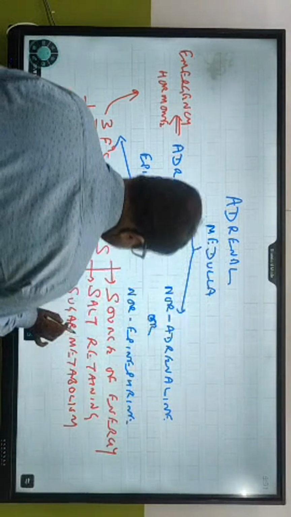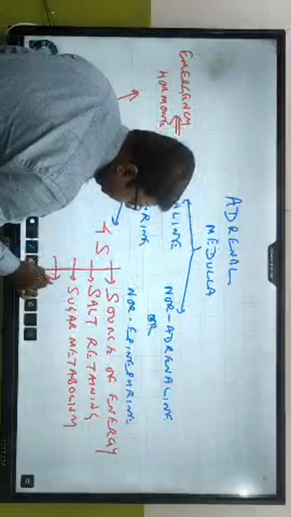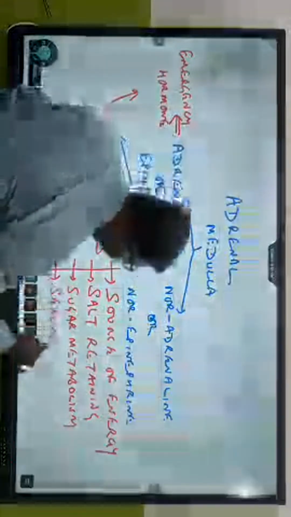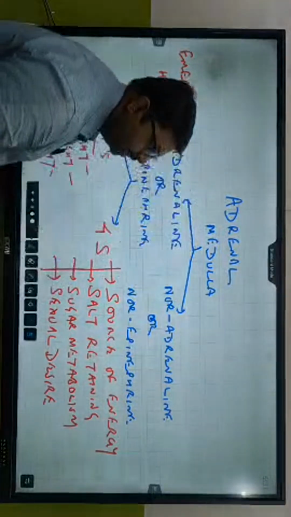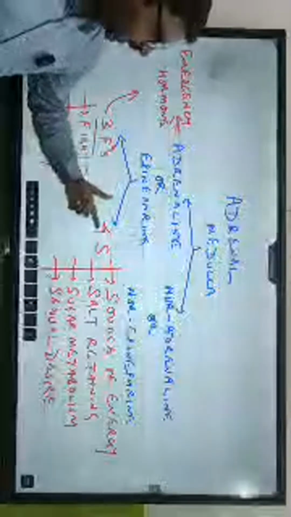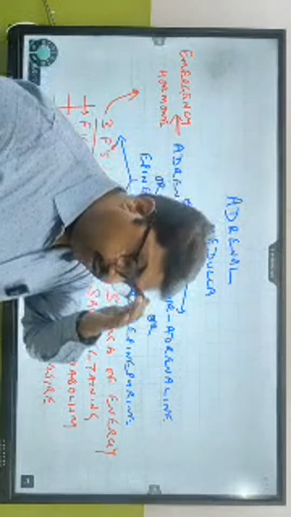Okay, source of energy, salt retaining, sugar metabolism, and then last S is sexual desire. There are 4 S, which says everything about adrenaline. So what is the difference between adrenaline and noradrenaline?